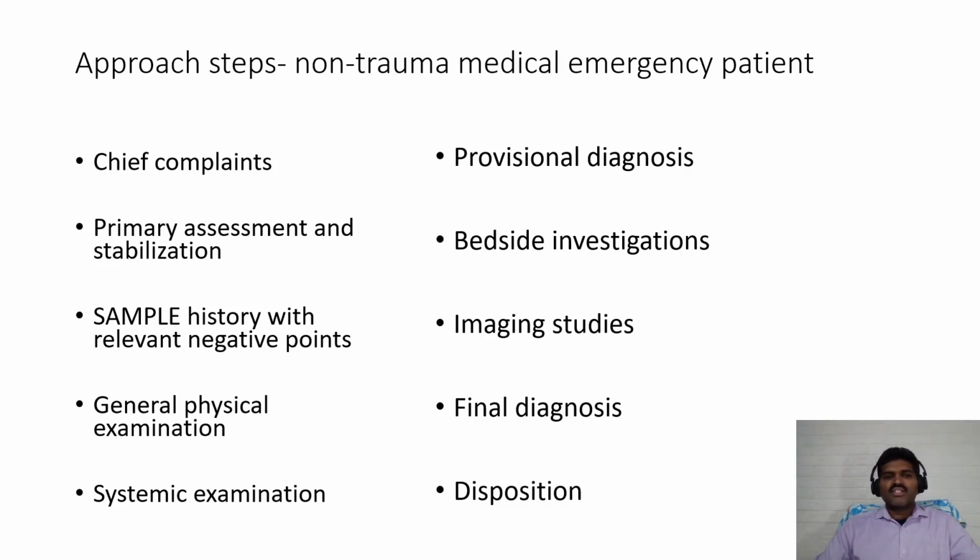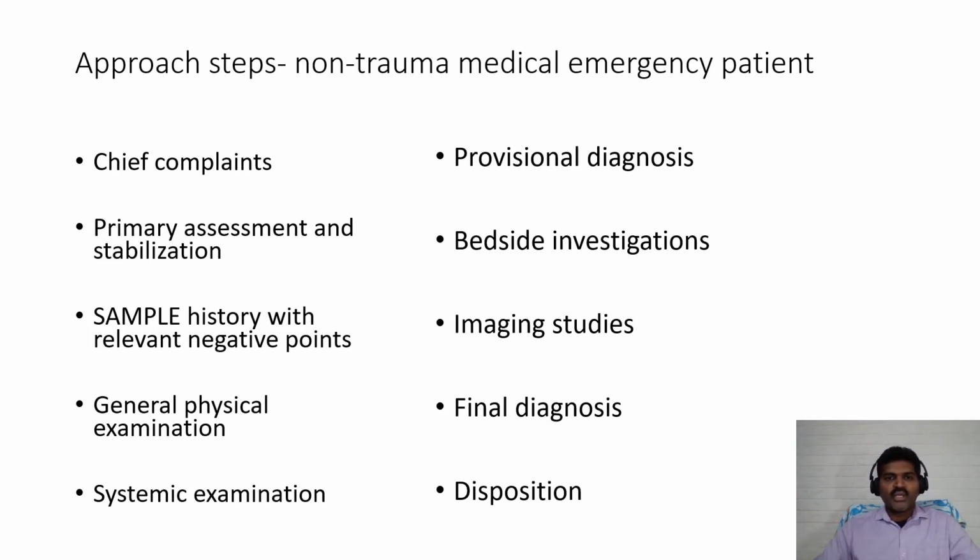First, for any medical patient, you need to follow certain steps to come up to a diagnosis. First, you collect the chief complaints. Based on the chief complaints, you do a primary survey, and the primary survey or primary assessment should be followed by stabilization. You take a focused history with the relevant negative points.